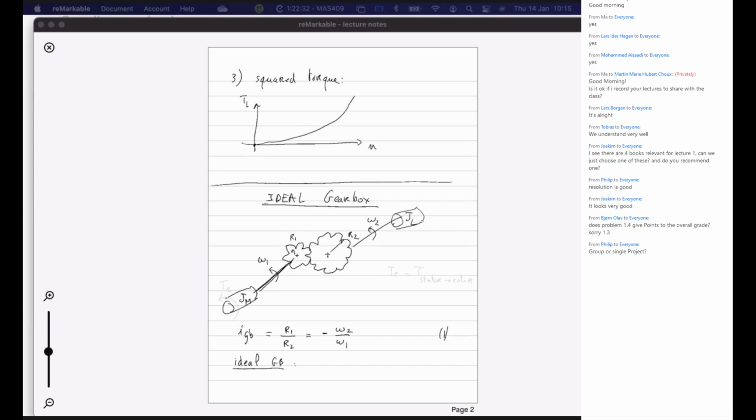And then I call T1, which is in the same direction here. T1 will be the torque from the rotor to the gearbox. And then we have T2.